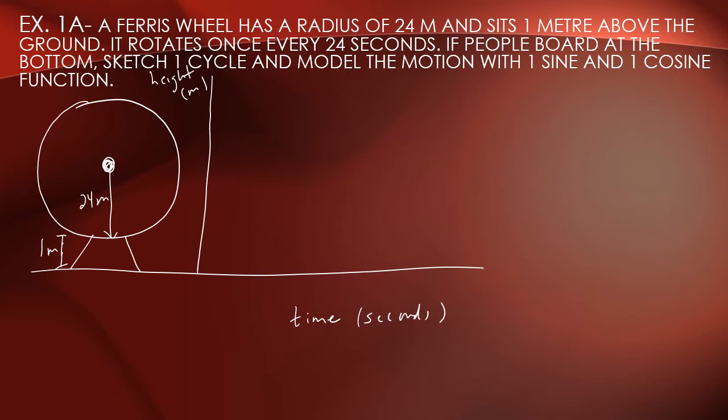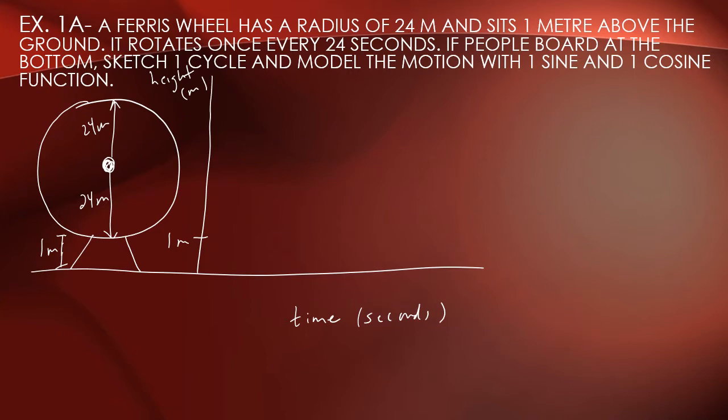So we know that if a rider boards at the bottom and they go around, the lowest height they'll ever be above the ground is 1 meter, right? At the bottom of the Ferris wheel because it's 1 meter above the ground. So let's say right there is 1 meter. What's the maximum they'll ever get? Well, we know the radius is 24, which also means from there to there is 24, which means our diameter is 48.